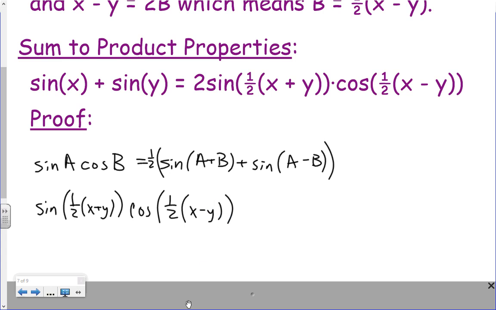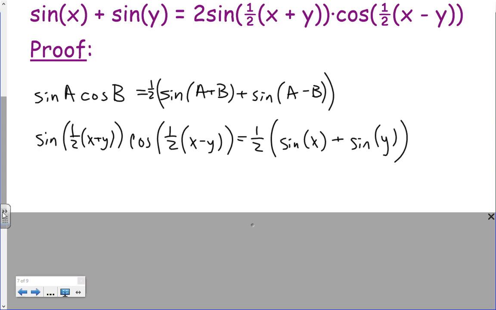So that's the left side of this. This is equal to 1/2 of, and then on the right side here, A plus B, we defined that to be what x was going to equal. So this is the sine of just x. And then A minus B, that's what we defined y to be equal to, so I'll replace that with y.